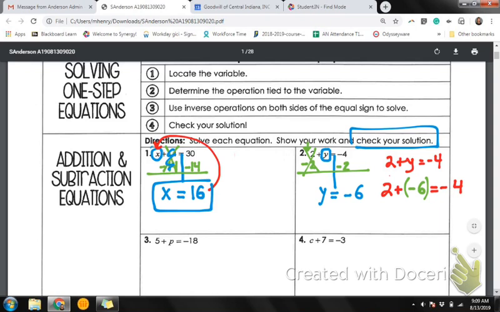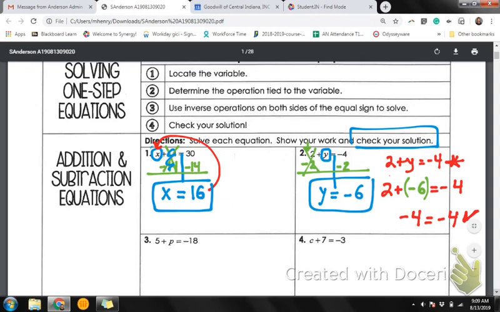Everyone understands how I'm checking it? This was my original up here. And I'm just plugging the negative 6 in for y. What is 2 plus negative 6? Negative 4. Does negative 4 equal negative 4? Yes. So my answer is y equals negative 6.